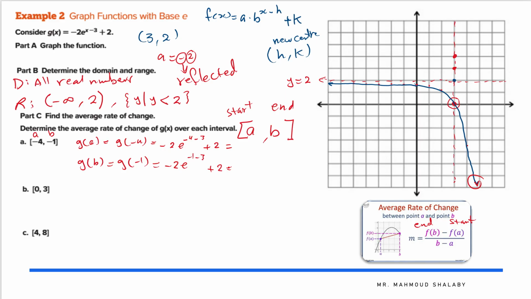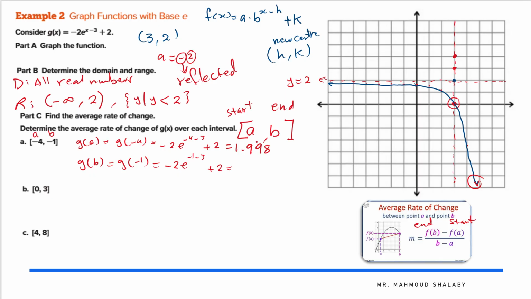So we will write -2 e to the power of -4 minus 3, plus 2. You don't have to solve it, you can just write it out, but be sure you write it correctly. I will take the answer, let's say to 4 decimal places, so it will be 1.998, or 3 decimal places is enough.